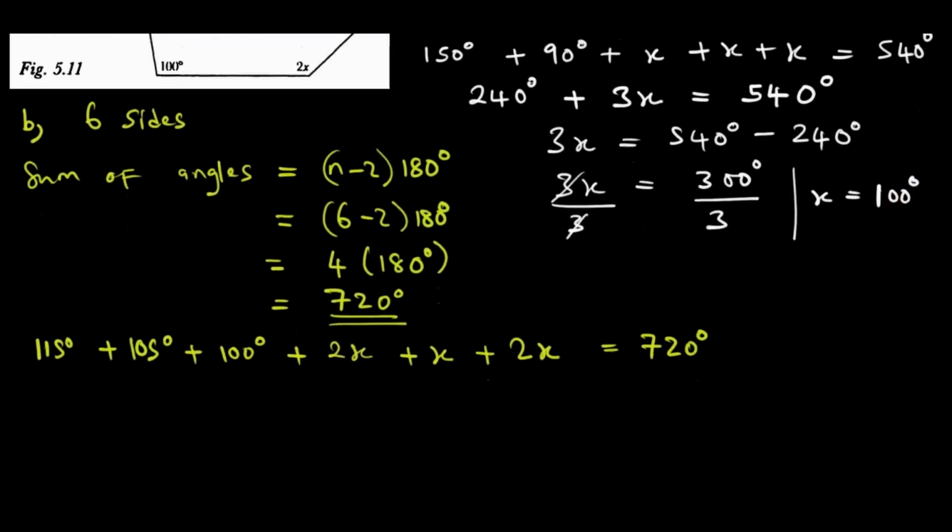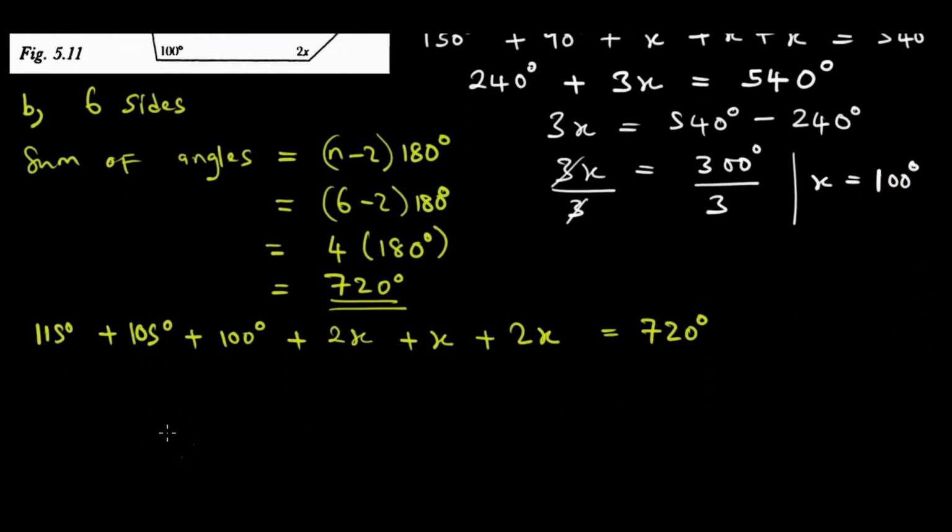Let us solve the left first. So we are saying 115 plus 105 plus 100. We get 320. So 320 degrees plus 2x plus x into 3x plus 2x into 5x. This goes to 720 degrees.